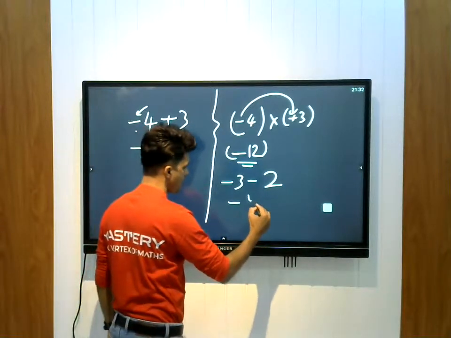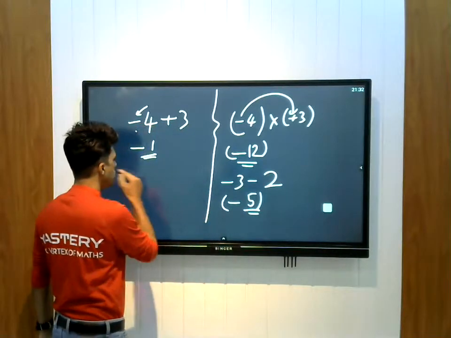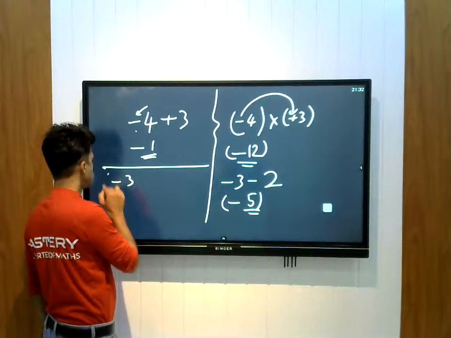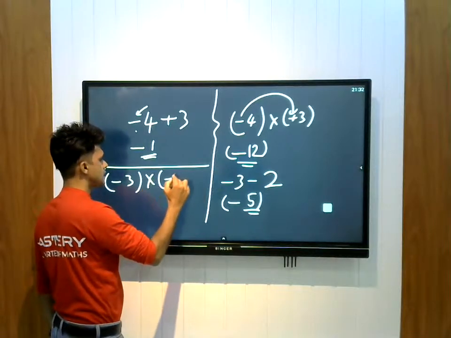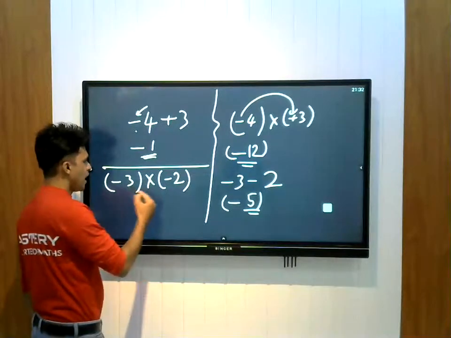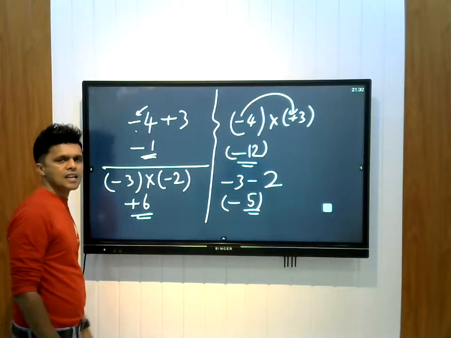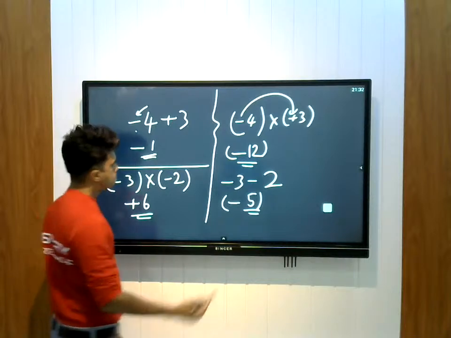Yes, minus 5. You know this type of one? Minus 3 into minus 2. Yes, here multiplication. Now, minus into minus is plus. 3 times 2 is 6. This is the answer. Okay?